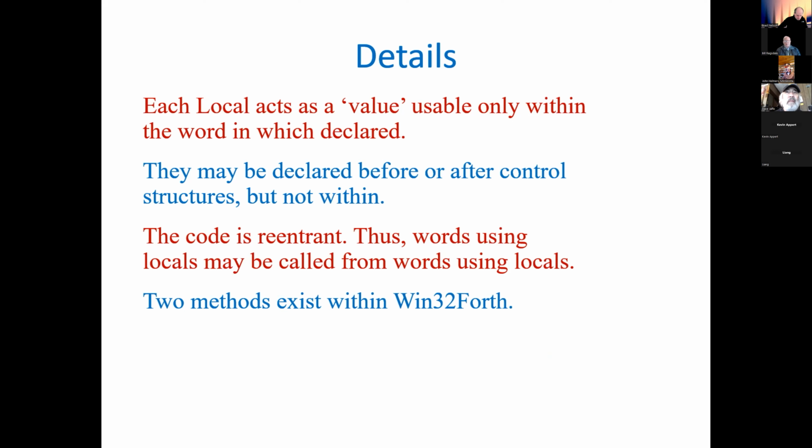So begin, while, repeats, do loops, if then else, and so on can exist. And once you've declared a variable, then you can use it within the control structures. The only problem is the declaration has to be with the return stack neutral.